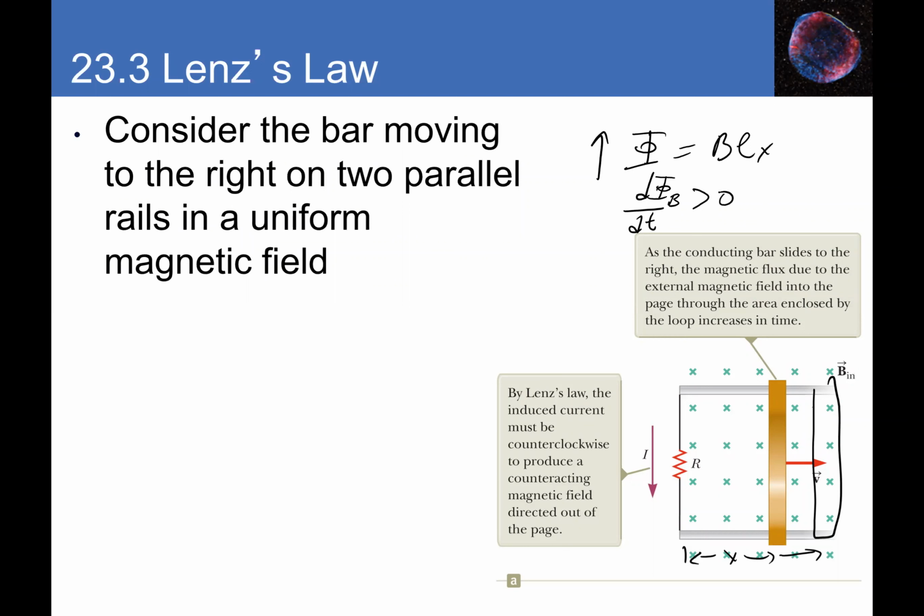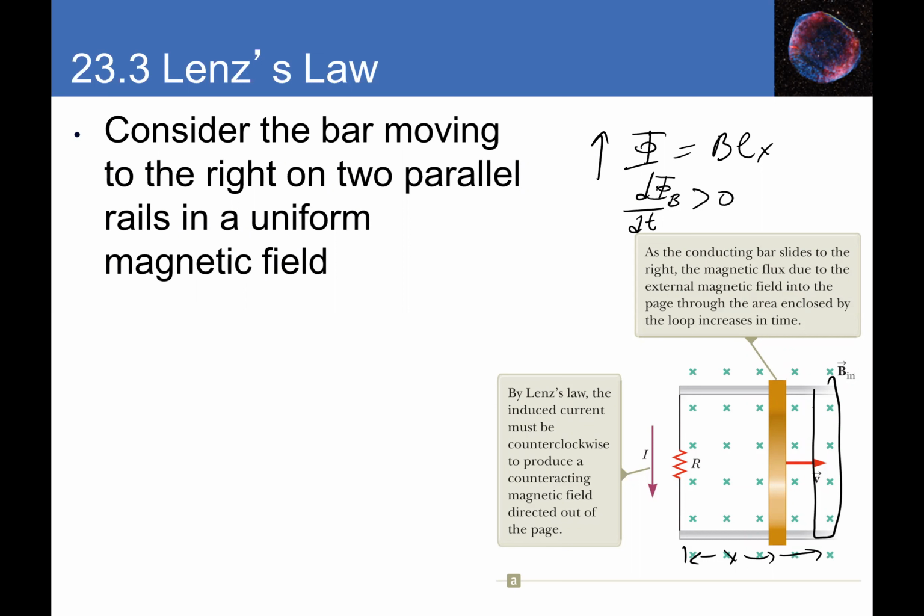So think like this. If the flux is increasing, and you have an external magnetic field into the page, remember, Lenz's law tells you that the circuit is going to try to fight that change. How can it fight this change? Well, it can try to fight this change by inducing its own magnetic field.